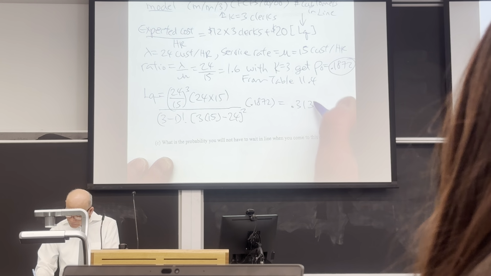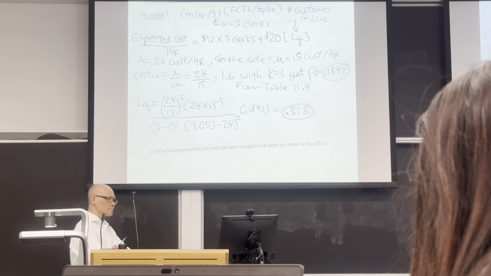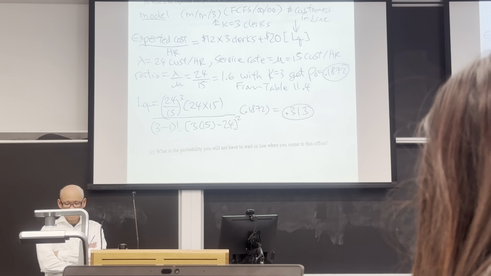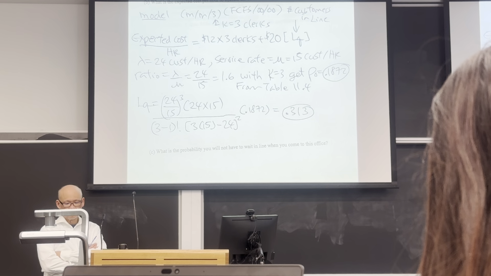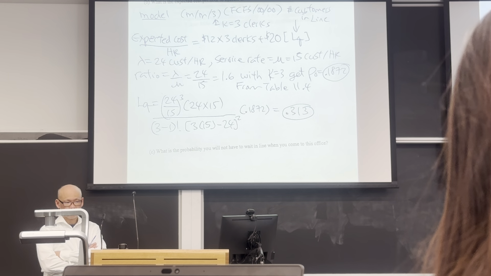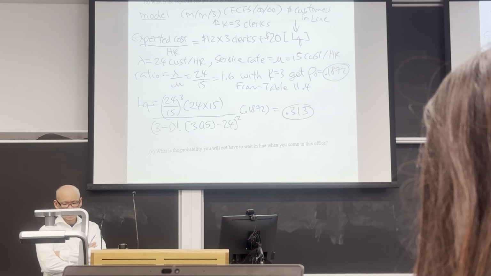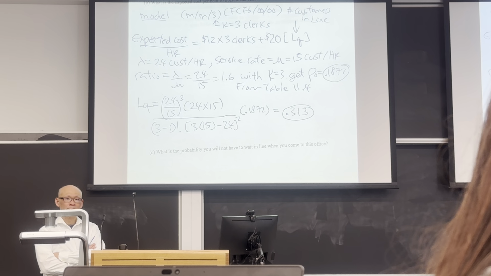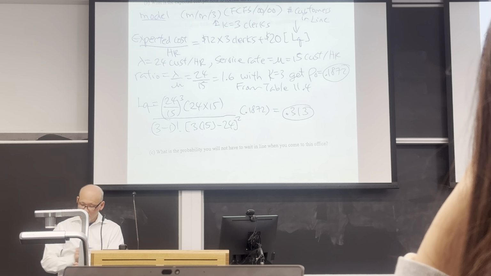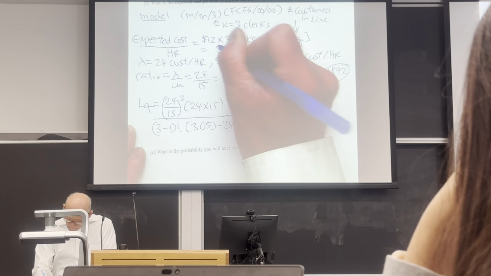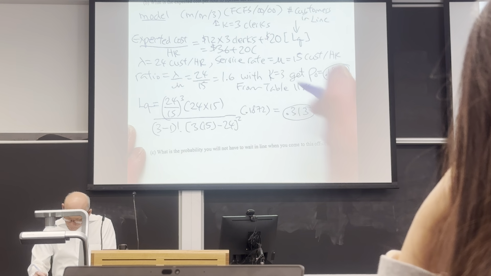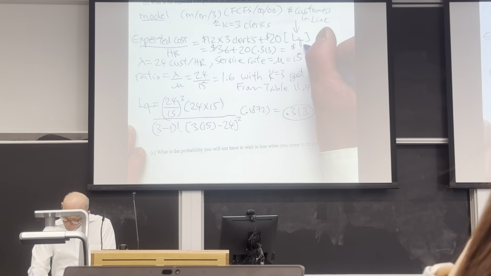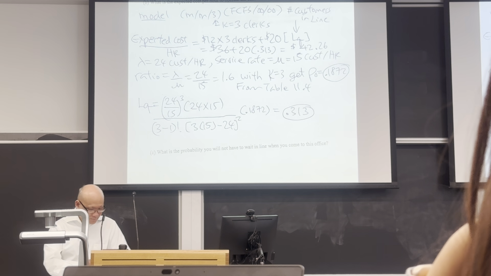We get 0.313. So now we have 36 plus 20 times 0.313. So the cost is 42.26.